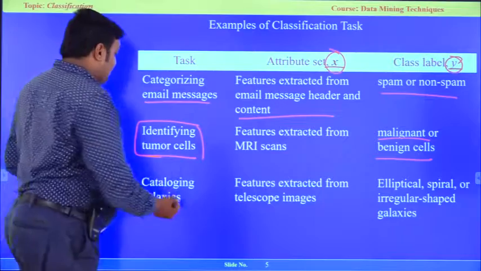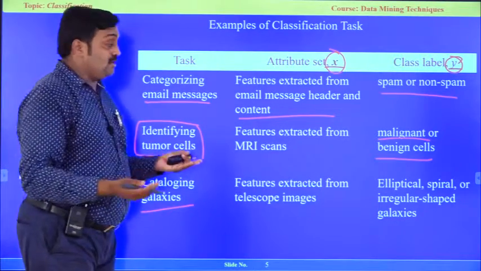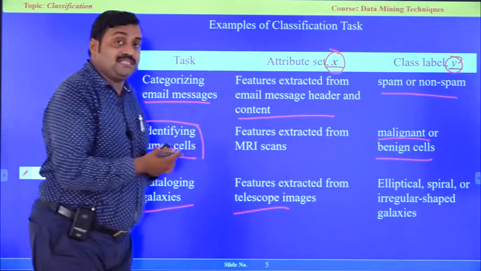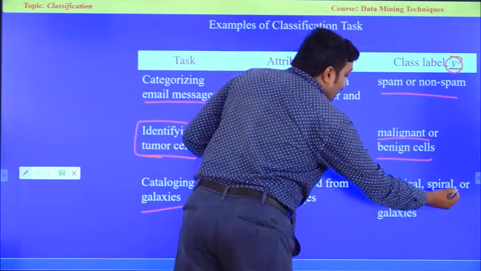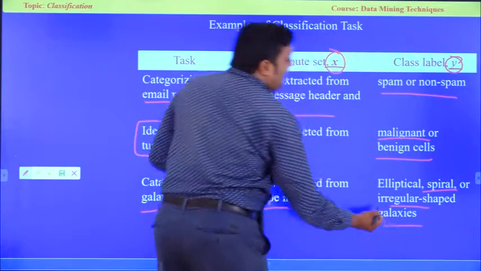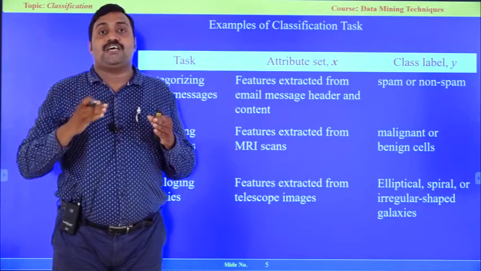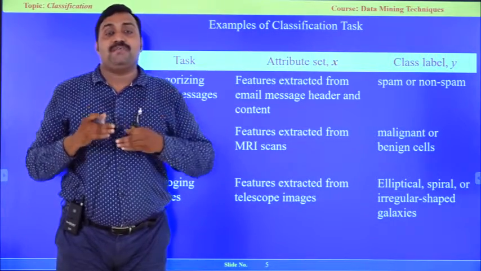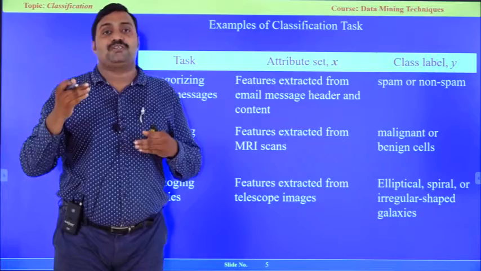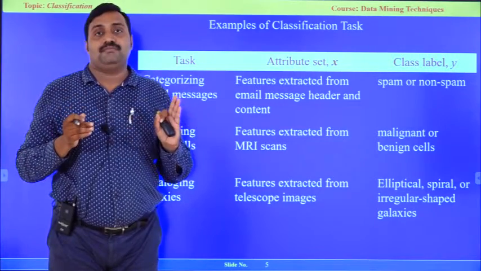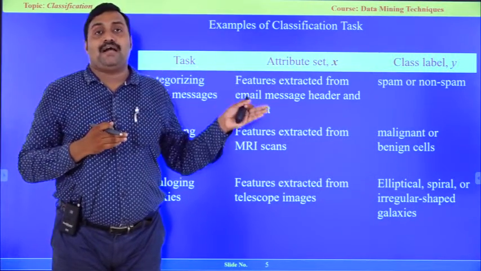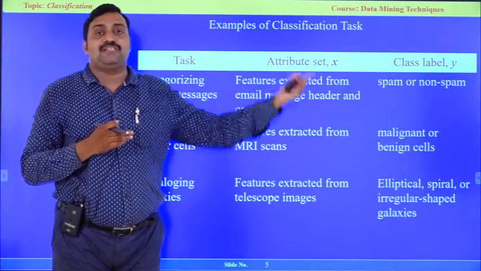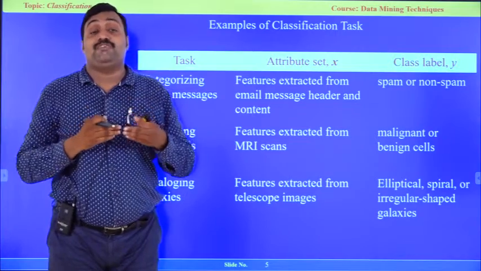Another is in space: based on telescopic images, I identify what kind of shape it is, for example a galaxy. Another is whether a student passed or failed. Based on the result, I can say the student passed or failed based on the condition: if he got above 50 marks, pass; less than 50, fail. Or based on the color, what kind of fruit it is: red color, apple; orange color, it's an orange. I can classify the fruits.